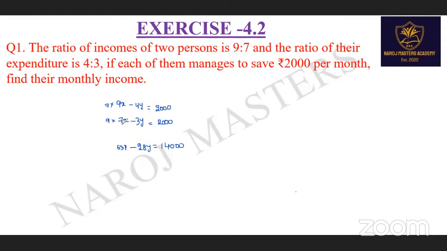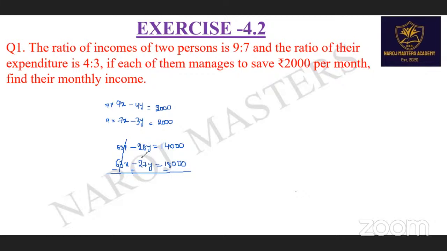And this is also 9 into 7x is 63x minus 27y is equal to 18,000. Subtract them. So 63x and 63x get cancelled.